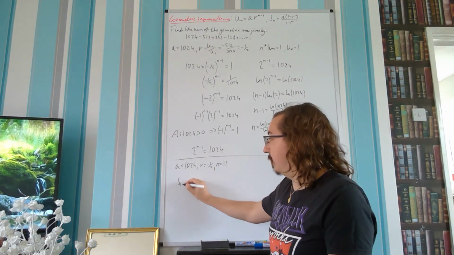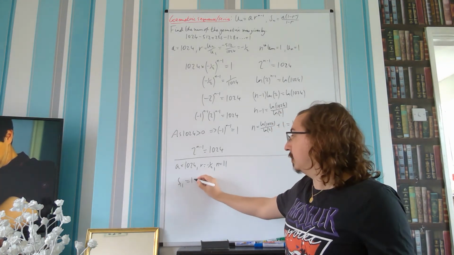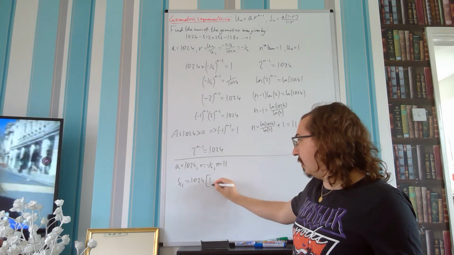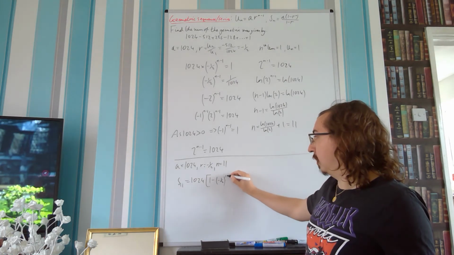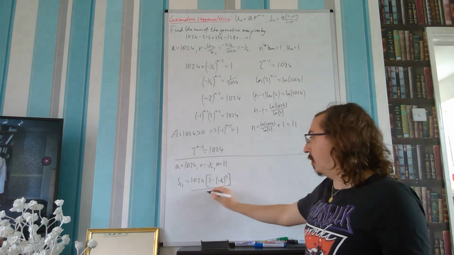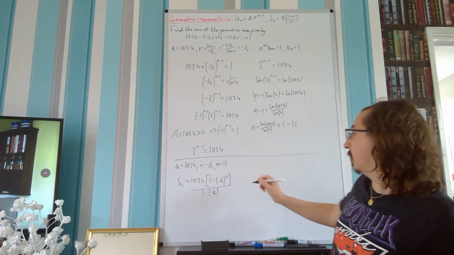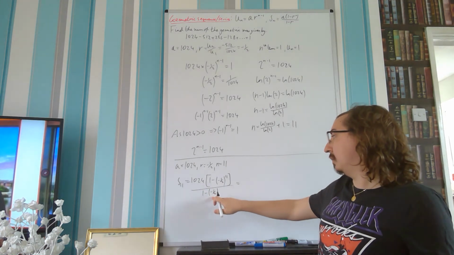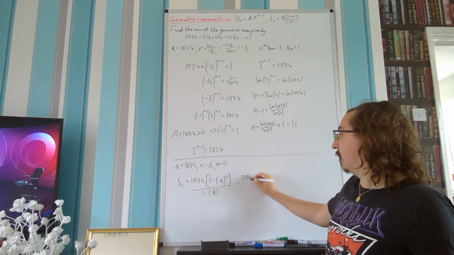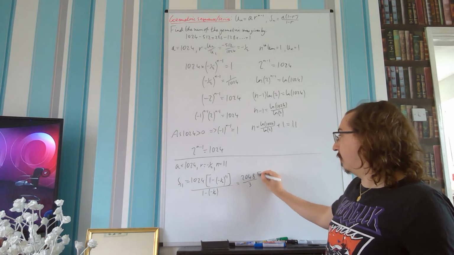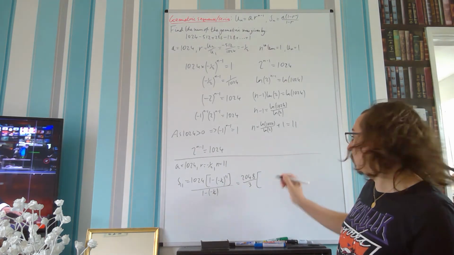So we have the sum of the first 11 terms is equal to our a value, which is 1024, times 1 minus our r value, which is minus a half, to the power of n, which is 11, all over 1 minus a half. 1 minus a half becomes 3 over 2, which means on the outside we end up with 2048 over 3.